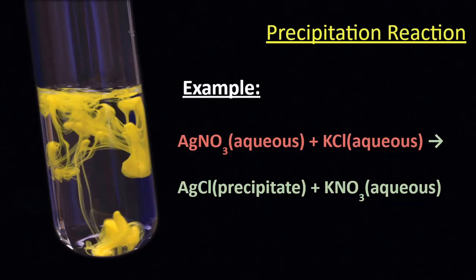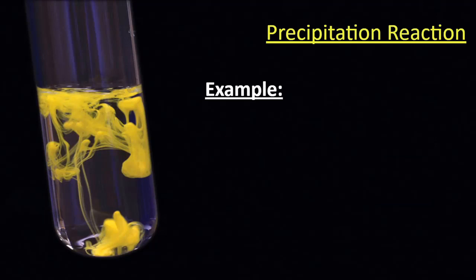Precipitation reactions help in determining the presence of different ions in a particular solution. Now let us see another example of a precipitation reaction. The other example is the reaction between calcium chloride and potassium hydroxide, resulting in the formation of an insoluble salt called calcium hydroxide.